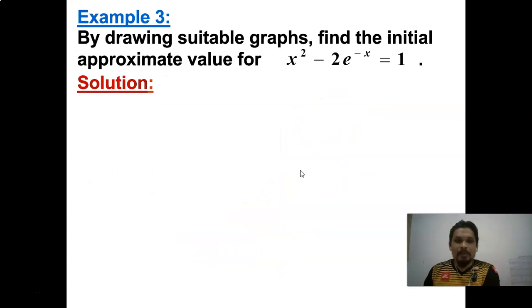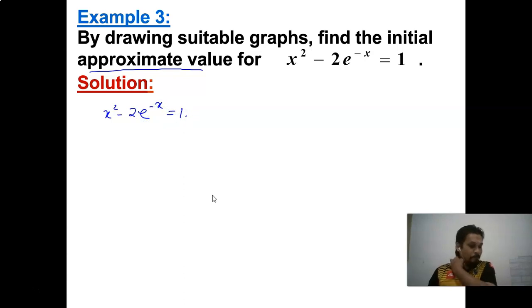By drawing a graph, find the initial approximate value for this one here now. x squared minus 2e power of negative x equal to 1.